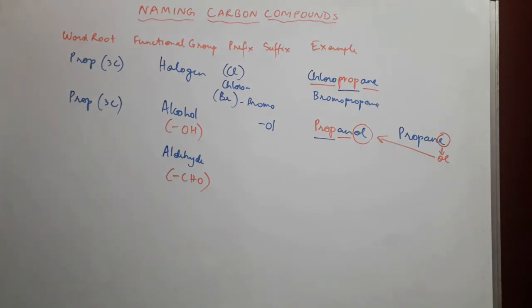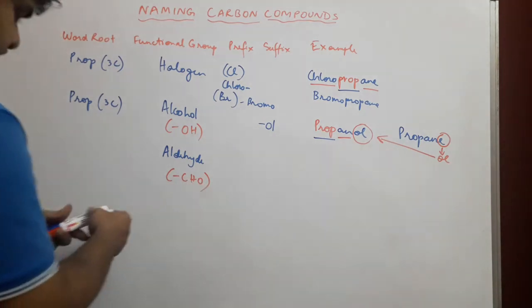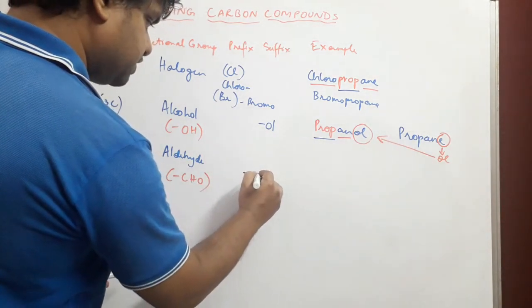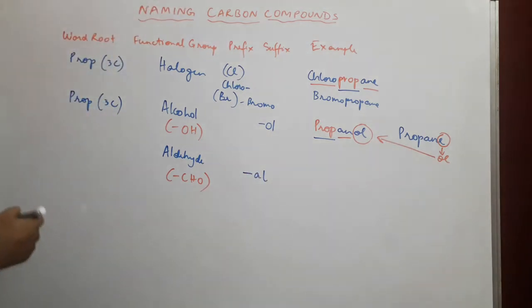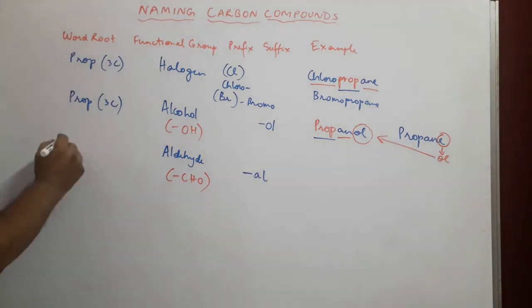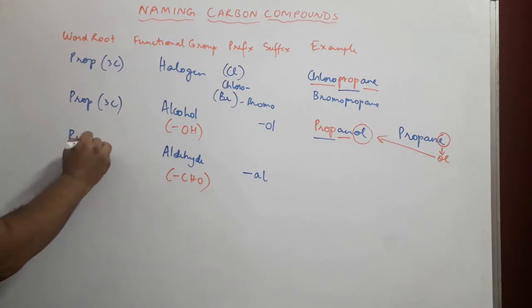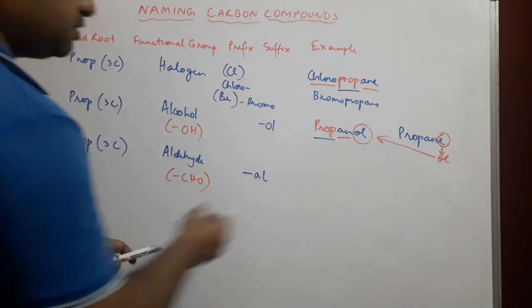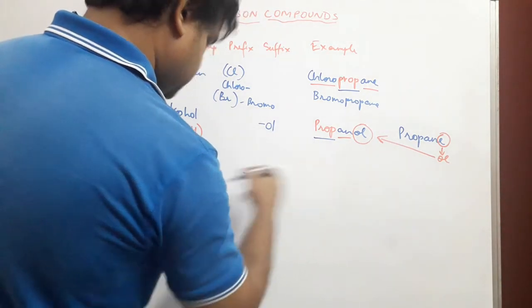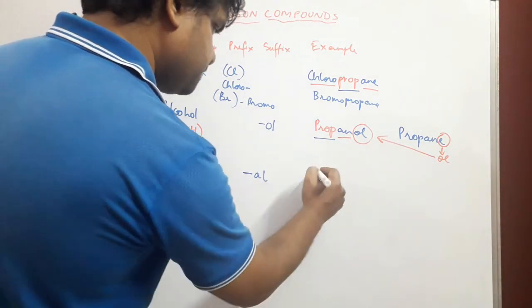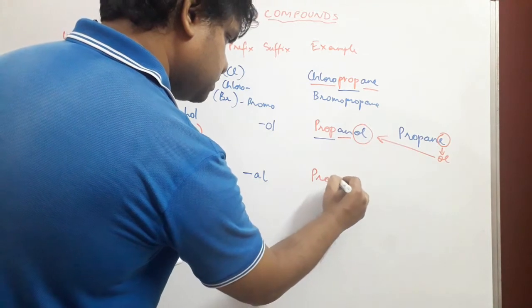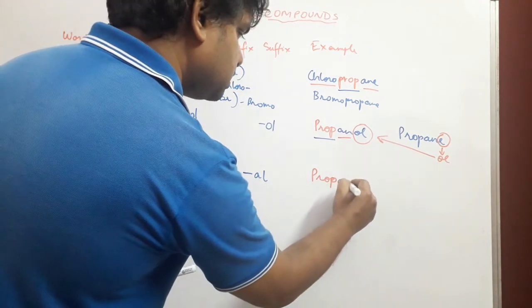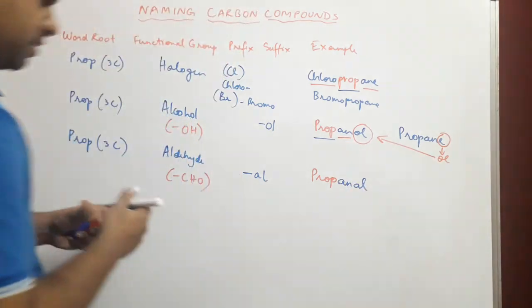In this case, it is always a suffix, so I'll mark it as hyphen AL, and we'll take the word root once again as prop with 3 carbon atoms, so it is propanal.